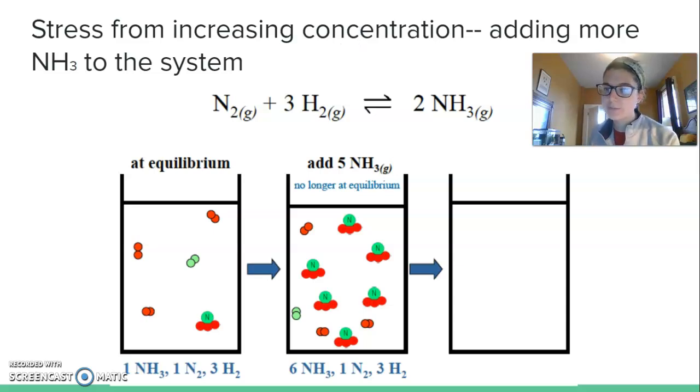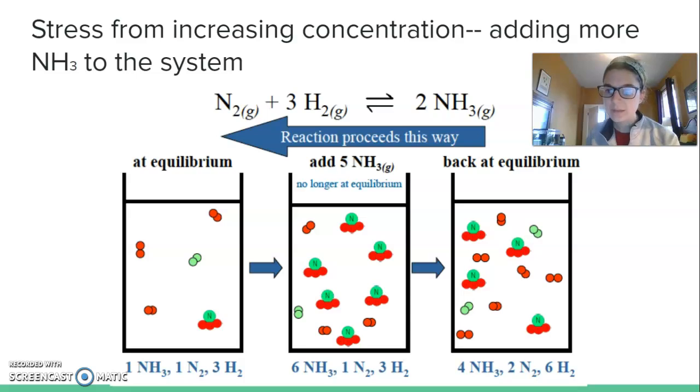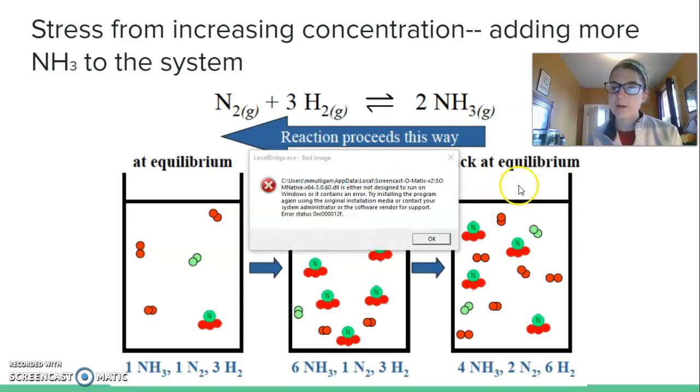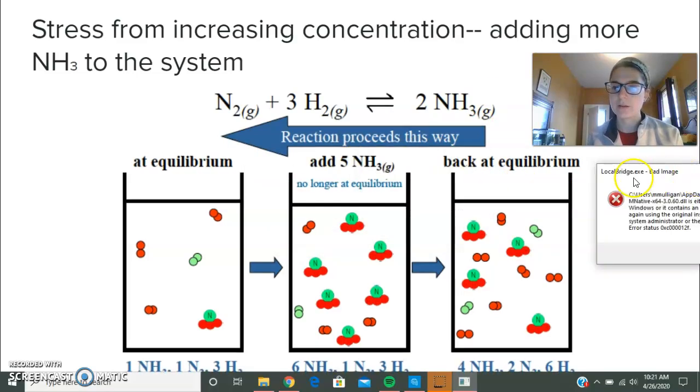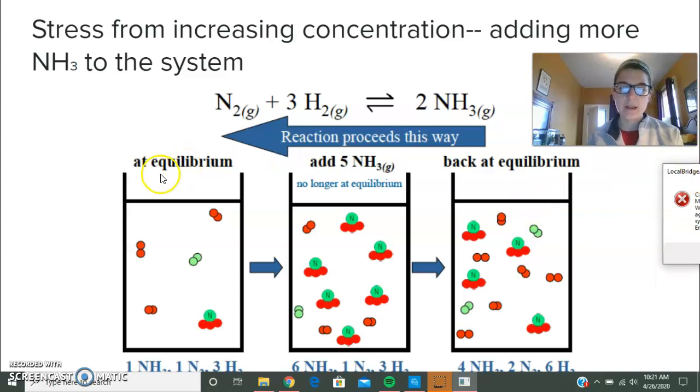We increase the number of products, so the reaction is going to go towards reactants. To achieve equilibrium once more, there are now 4 NH3, 2 N2s, and 6 H2s. So if you find the equilibrium constant, you will notice it will be the same for here and the far left reaction. The KEQ will be the same even though the concentrations of all the species are different.